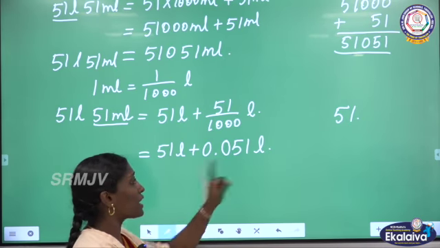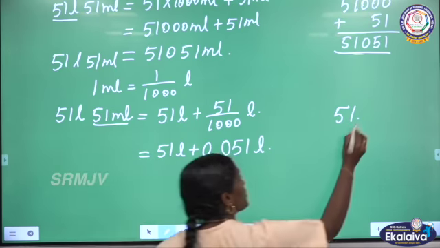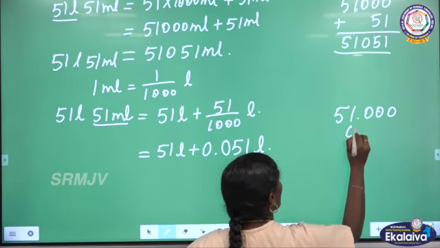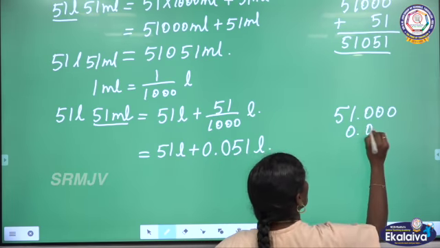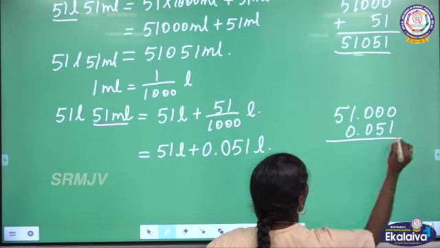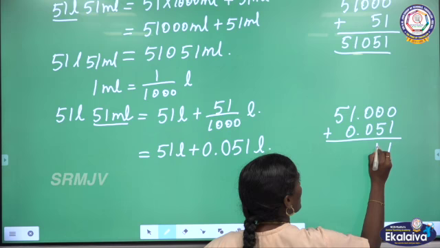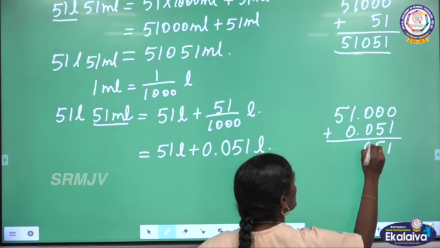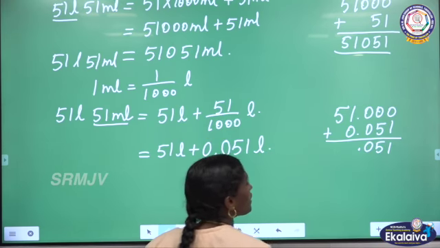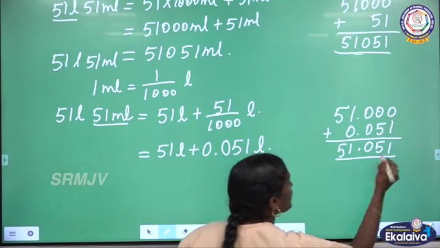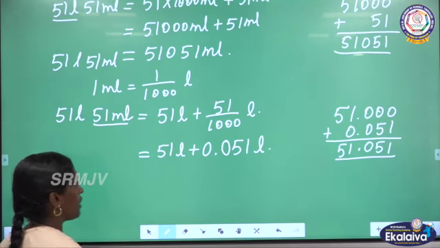In the second number we are having 3 decimal places. So I am going to add 3 zeros here. Then second one 0.051. Now we have to add these two here, 0 plus 1, 1, 0 plus 5, 5, 0 plus 0, 0. Then we have to keep the decimal point, 1 plus 0, 1, 5. So that is 51.051.